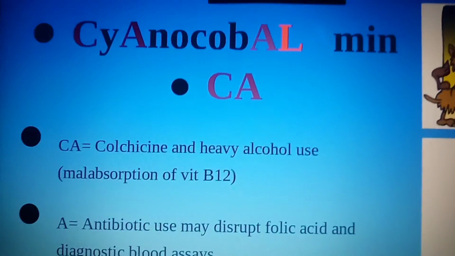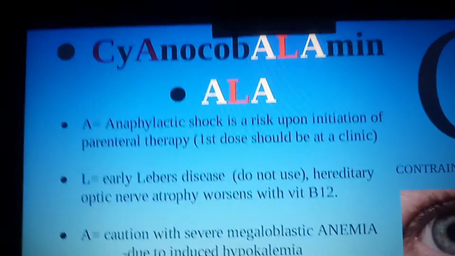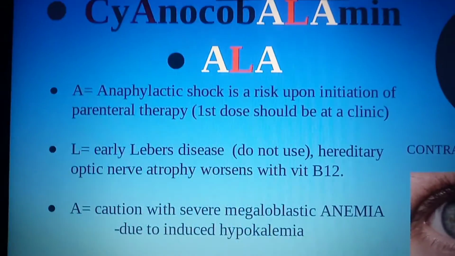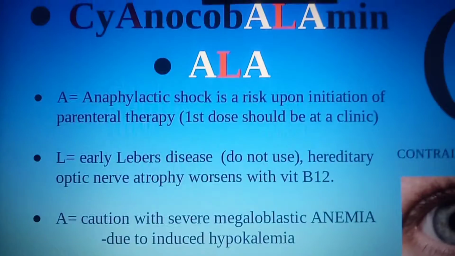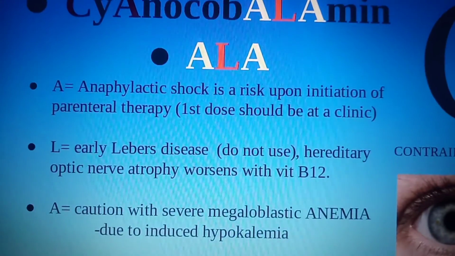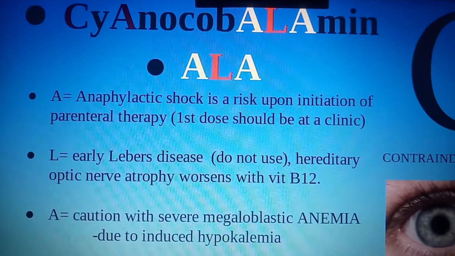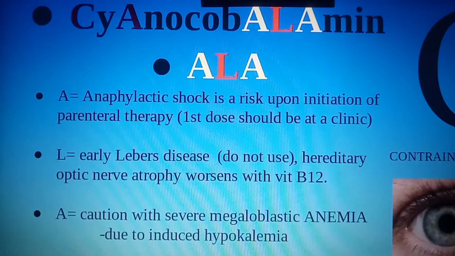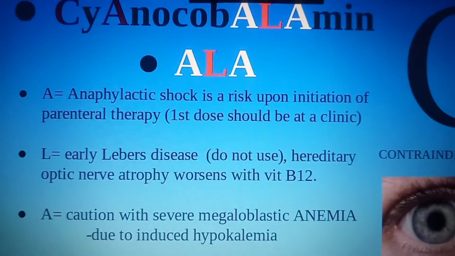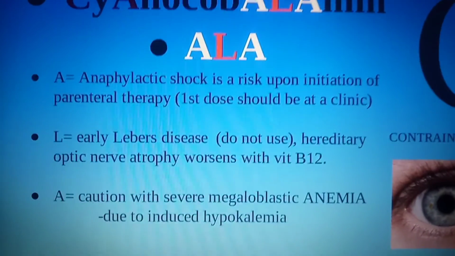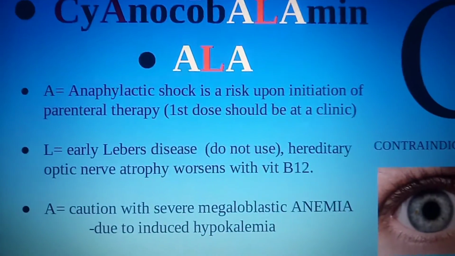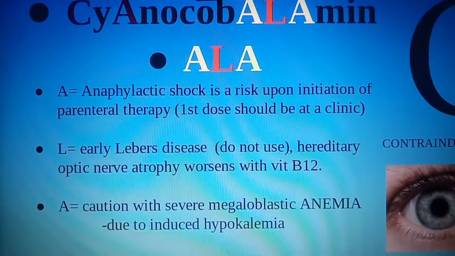Contraindications for vitamin B12 would be A, anaphylactic shock, which is a risk upon initiation of parenteral therapy. Because of this, the first dose should be given at a clinic. L represents Leber's disease.